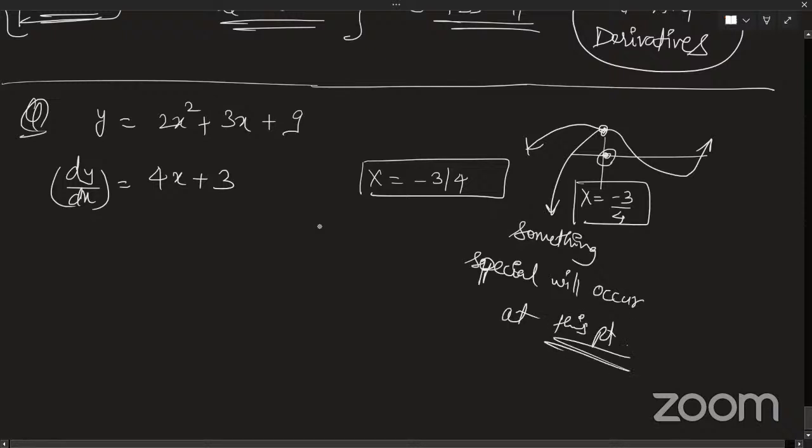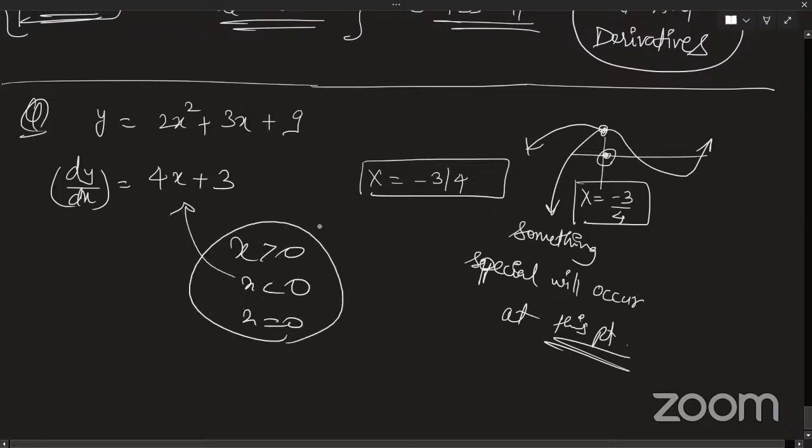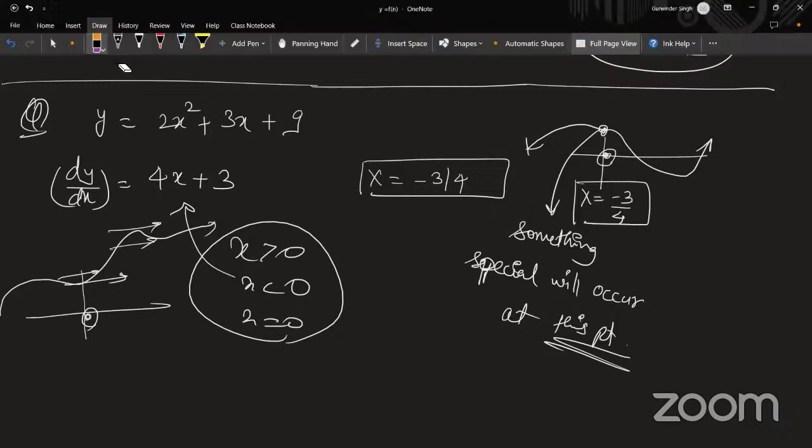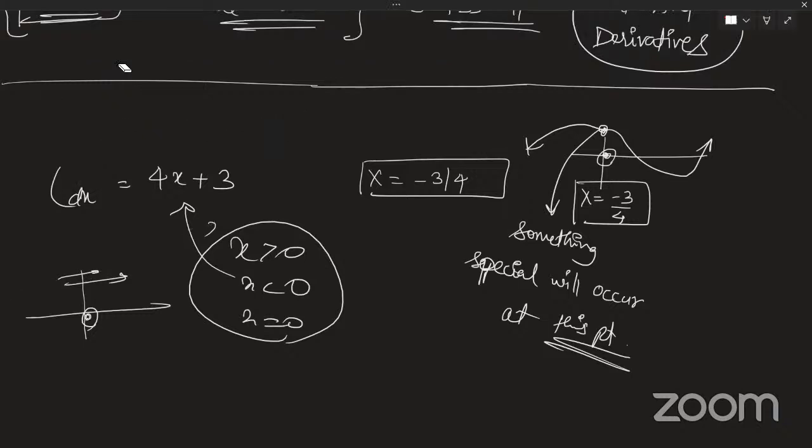It has nothing to do with whether x is positive, negative, or 0. A critical point can be anything. It is just telling me that when I plot the curve, at this particular value of x, something special will happen in the function. Okay sir.